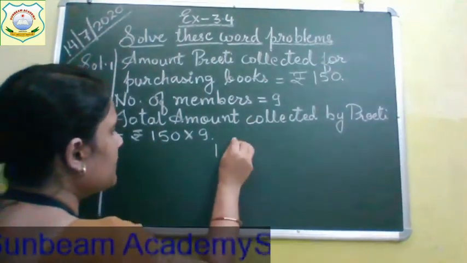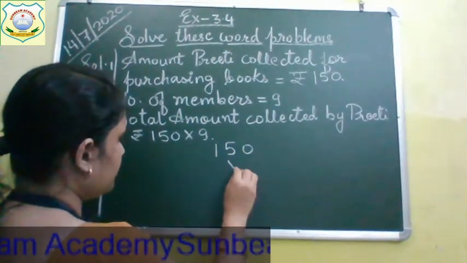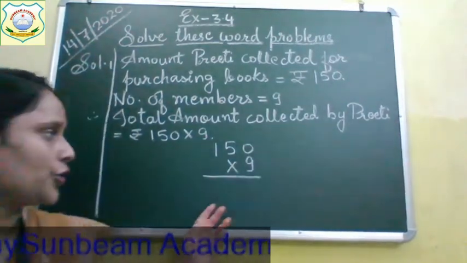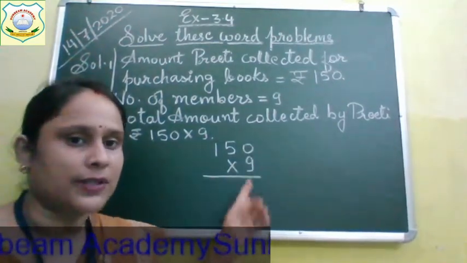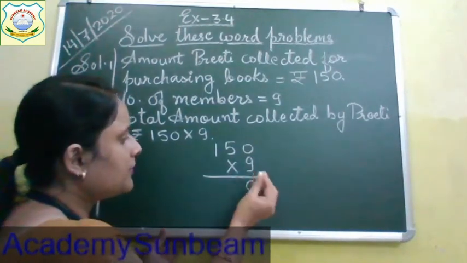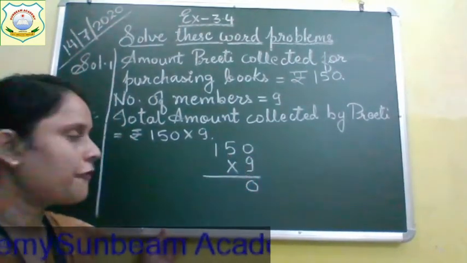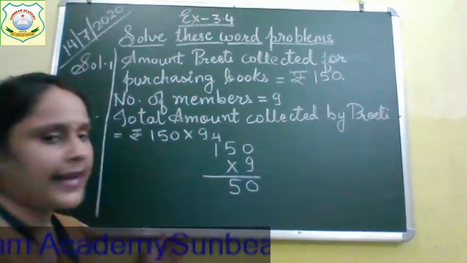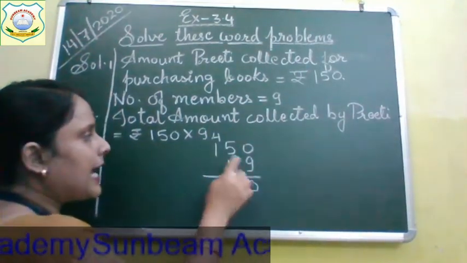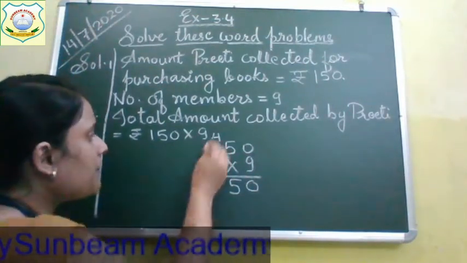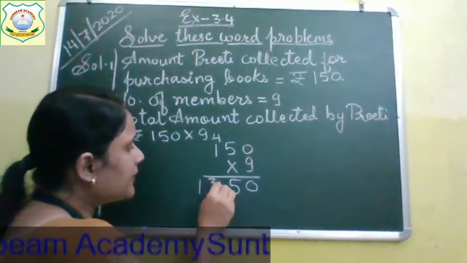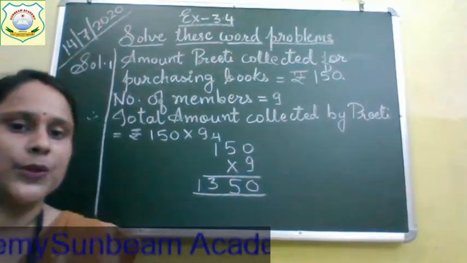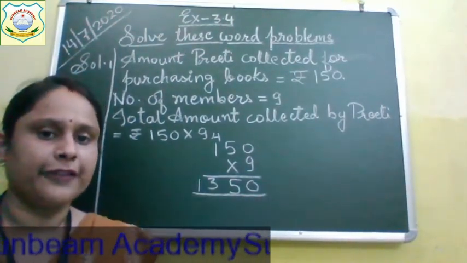How much will come? 9 multiplied by 0 is 0. 9 fives are 45. You will write 5 and take 4 as a carry. Now 9 ones are 9 plus 4 is 13. Okay, so our answer is 1350.